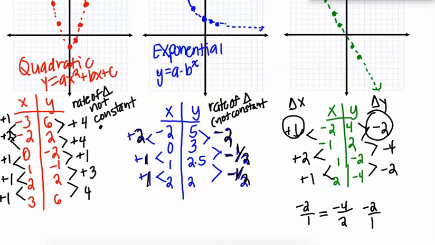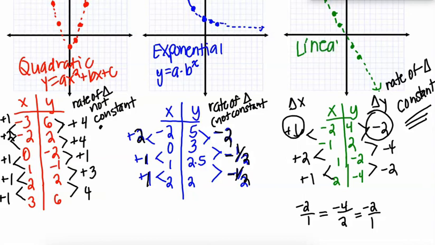And these are actually all equal. So the rate of change is constant. When the rate of change is constant, we know for sure that we have a linear model. And that linear model is y equals mx plus b.